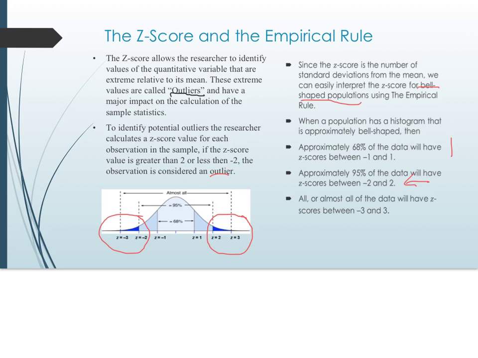And finally, almost all the data will have a z-score between -3 and 3. So our outliers are going to be somewhere between this range. Our minor outliers are going to be between 2 and 3, or -2 and -3. But our major outliers are going to be above -3 and 3.